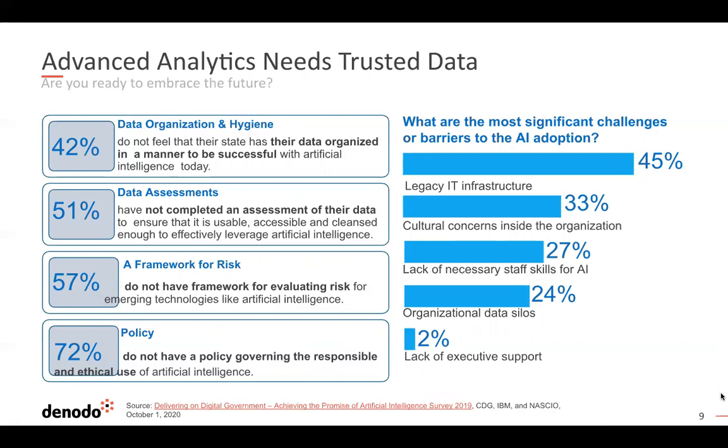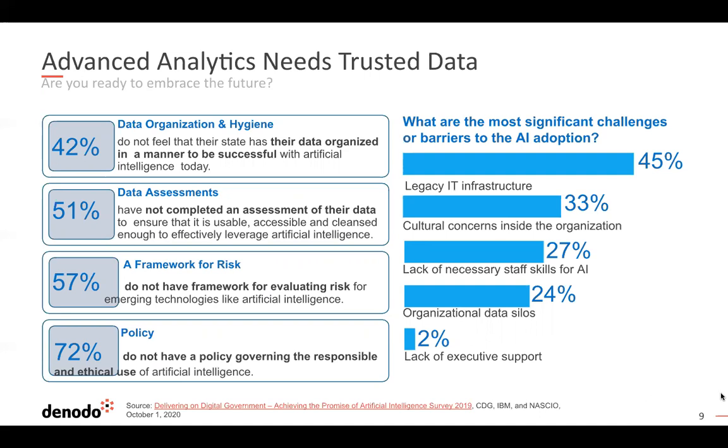They feel that they have not really assessed how much data is usable and how much needs cleansing, and they are not comfortable answering whether they have evaluated the risk, and whether there is a policy so that they would be able to use the data ethically for their needs. So these are the bigger barriers to being prepared for AI adoption.